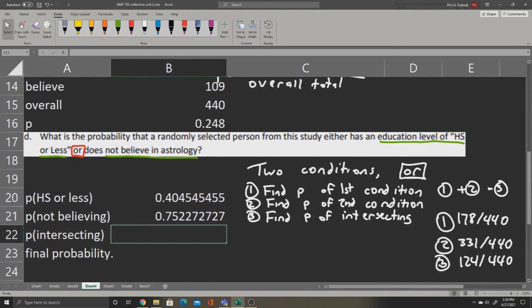Let's type this into Excel now. And now we have all of our decimals. So to get our final answer, once again, we will use answer 1 plus answer 2 minus answer 3.